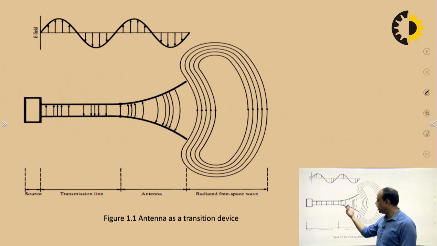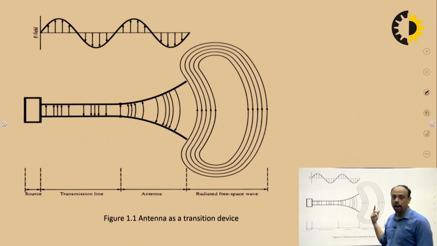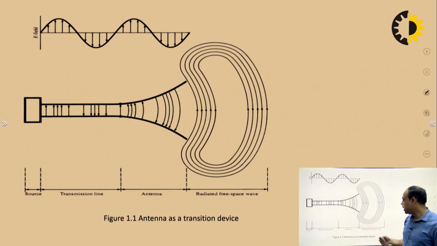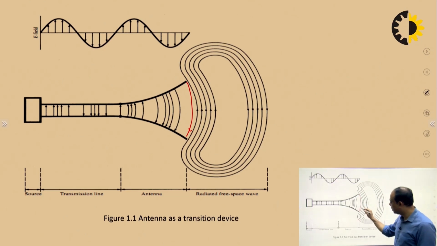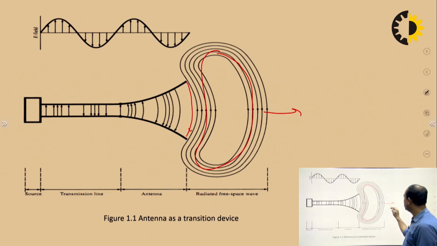This is the antenna that provides the impedance matching between the guided media and the unguided media, that is free space, and this is the free space where the signal moves. So when the signal leaves this guided media, that is the antenna, it makes a loop, like the wave is going like this, and this makes the complete loop, and this is the form that is known as the radiation, which is propagating in free space, as we can see over here.